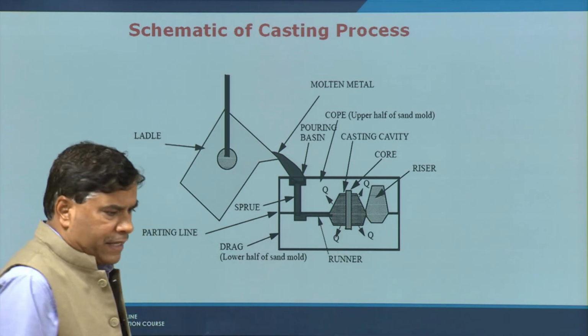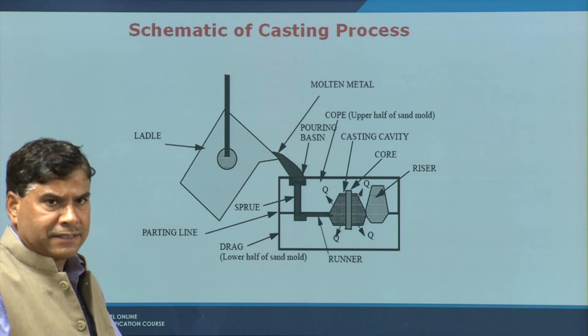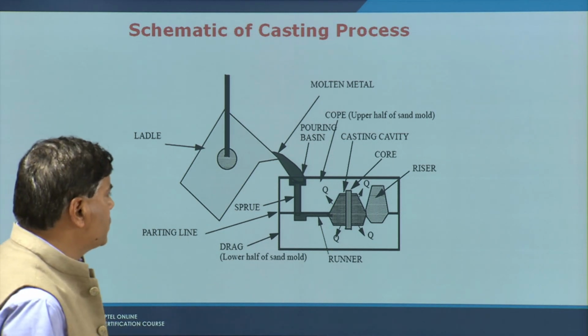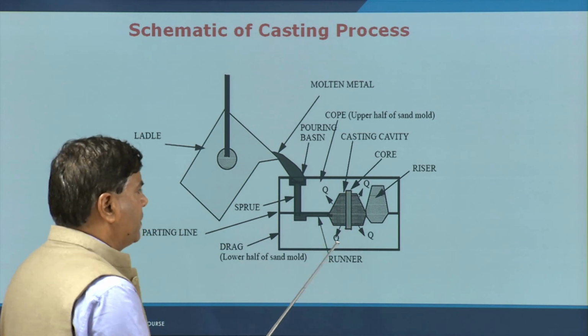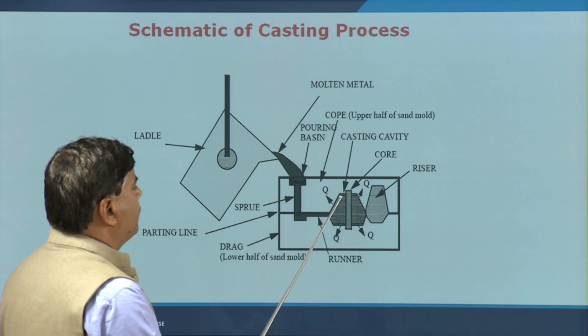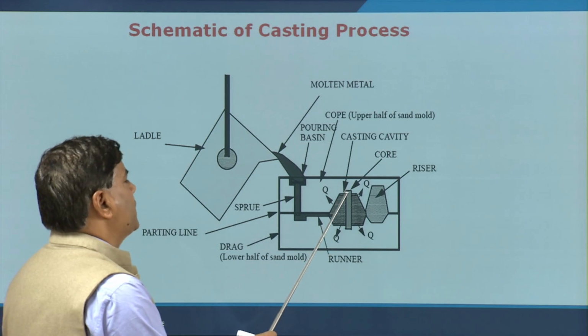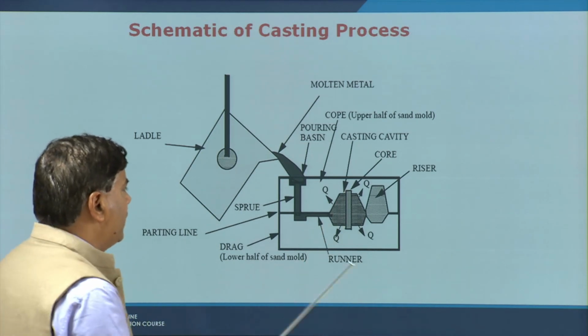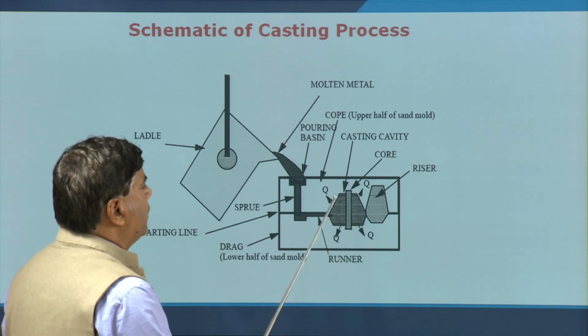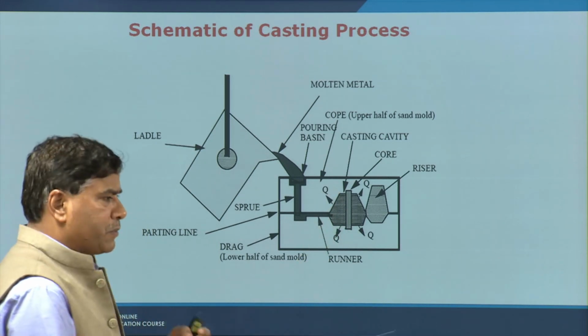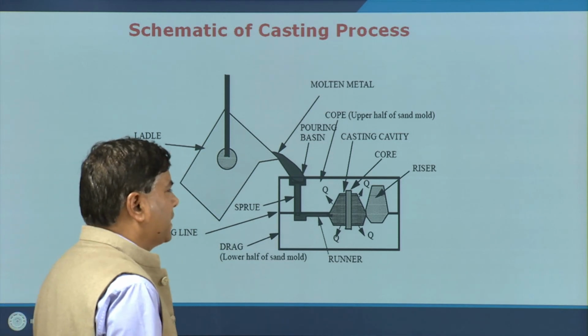For making a cavity in the castings, a core is used, so that it can be taken off subsequently. The presence of the core helps to avoid the filling of the molten metal in this region, and the core is taken out subsequently on the solidification of the casting.